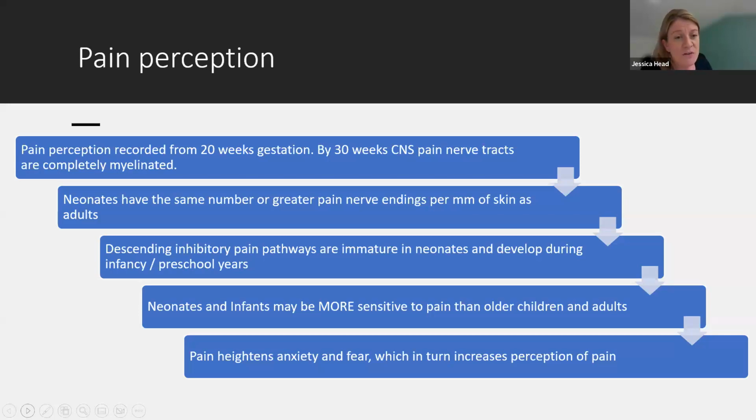And we also know that neonates have exactly the same number or greater number of pain nerve endings in their skin as adults do. But what's different is the descending inhibitory pain pathways. And those are quite immature in neonates and only develop fully during infancy and preschool years. So in fact, neonates and infants may be more sensitive to pain than older children and adults. And of course, pain heightens anxiety and fear, which in turn will increase perception of pain.